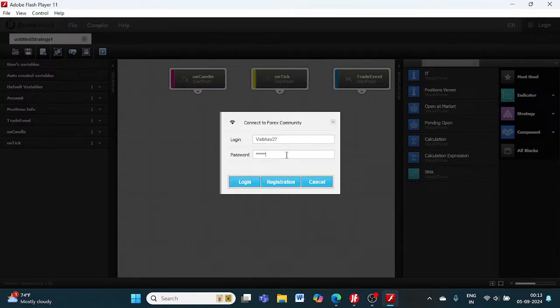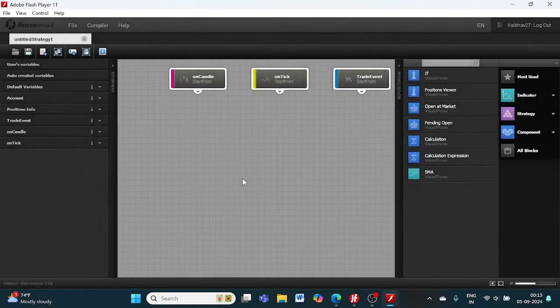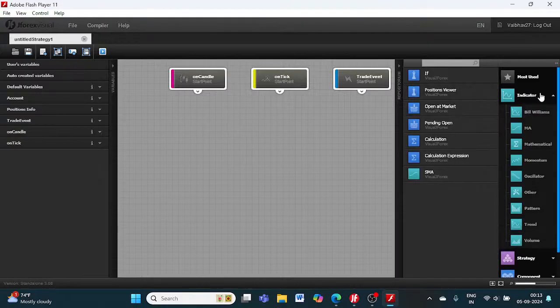Alright, so here we are now getting started with our strategy builder. First thing first, we will have to see where is this indicator. Here it is, SMA.